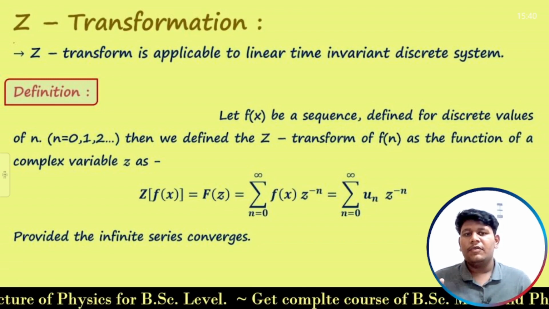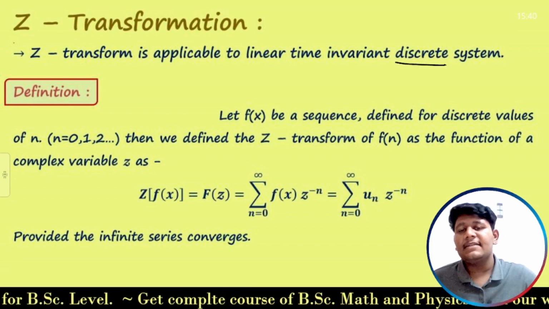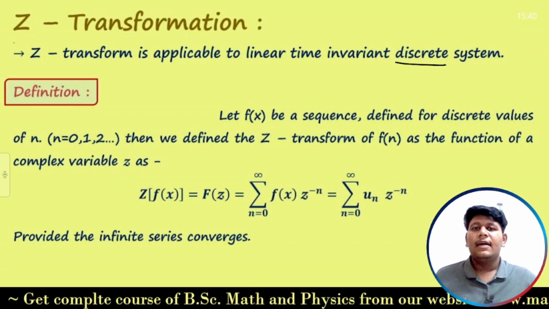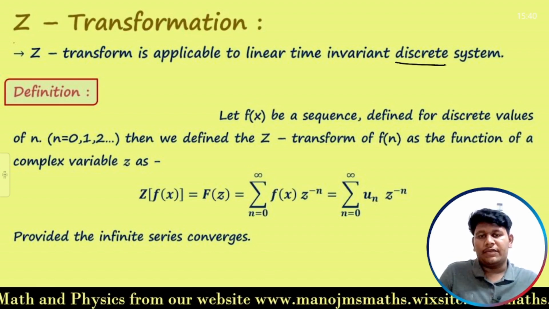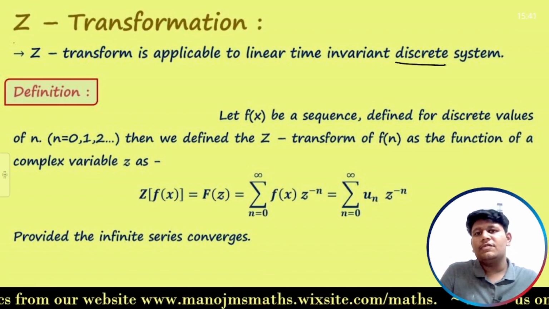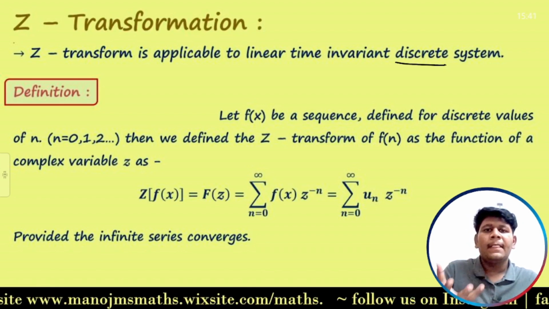First of all, we should know what a discrete system is. A discrete system is a function which is pointwise continuous, not uniformly continuous, or you can say it is not a continuous function.